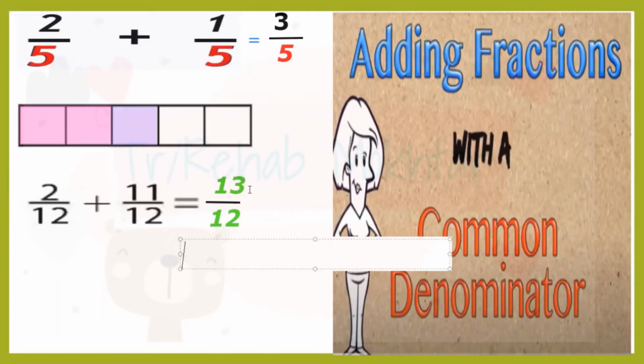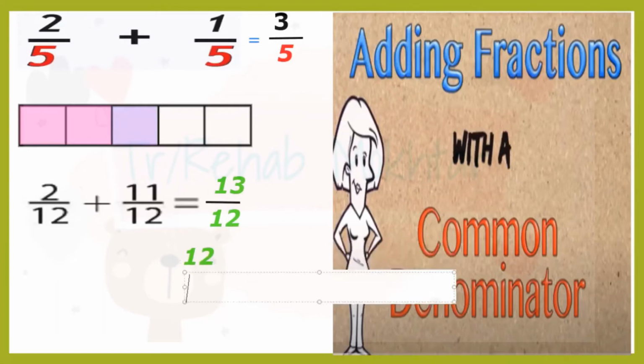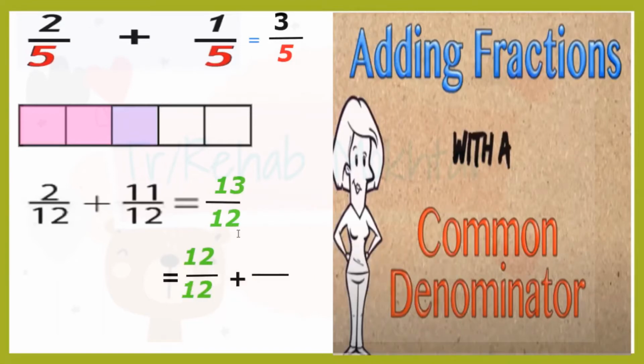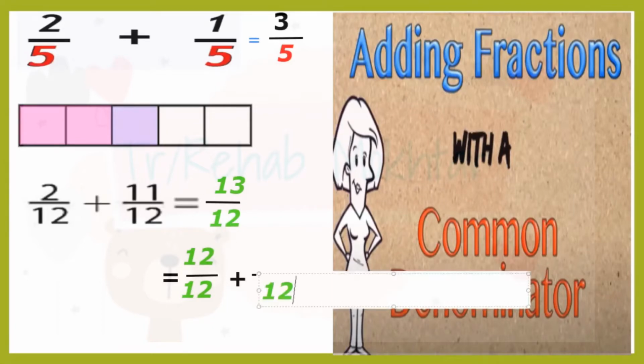I will decompose this fraction to write it as two fractions. The first one is 12 out of 12, plus, I will keep the denominator as it is, which is 12. And 13 equals 12 plus 1.